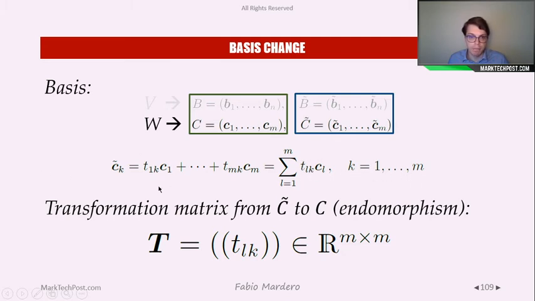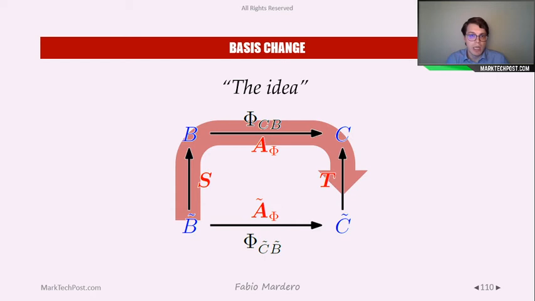Since we can express every vector of C tilde, we get a transformation matrix that will be denoted as T, which has m rows and m columns. We go from C tilde to C once again. So here is the idea of how we can do a change of basis.